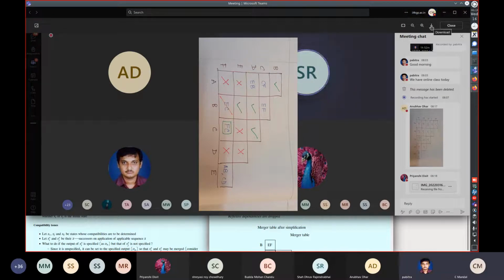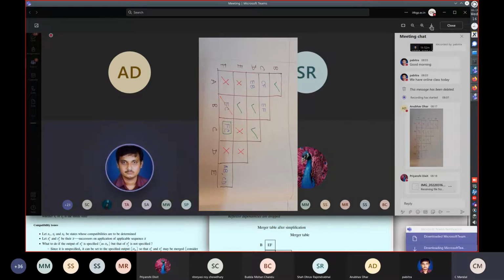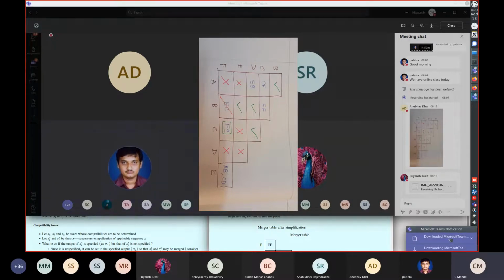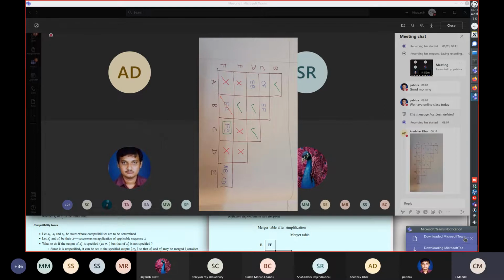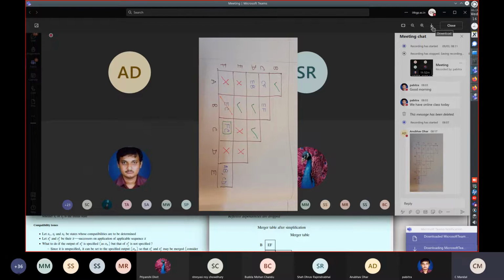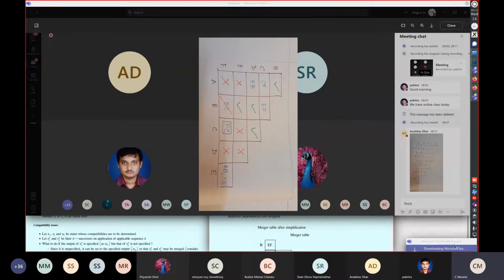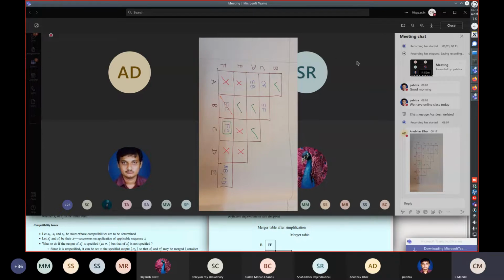You have to save it and then do it. Just a minute, let me see. Download. What is this download? Pavitra, how to save it?